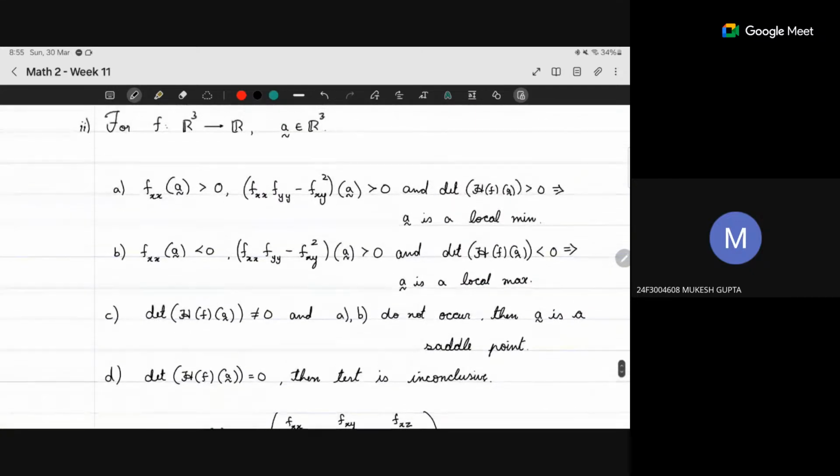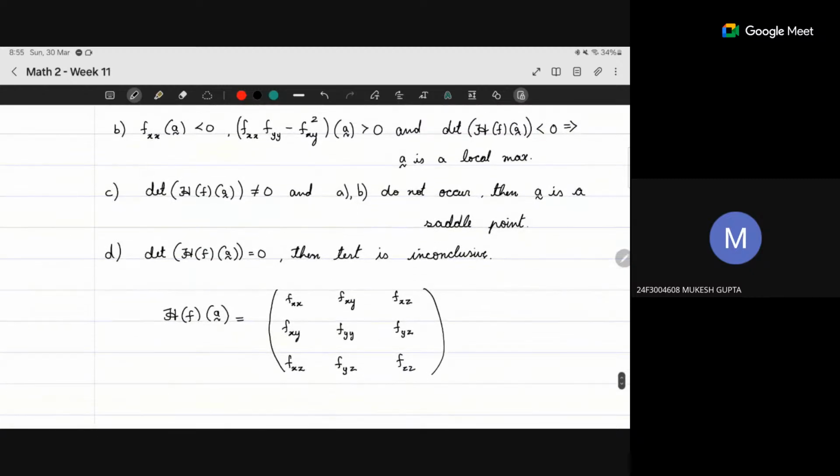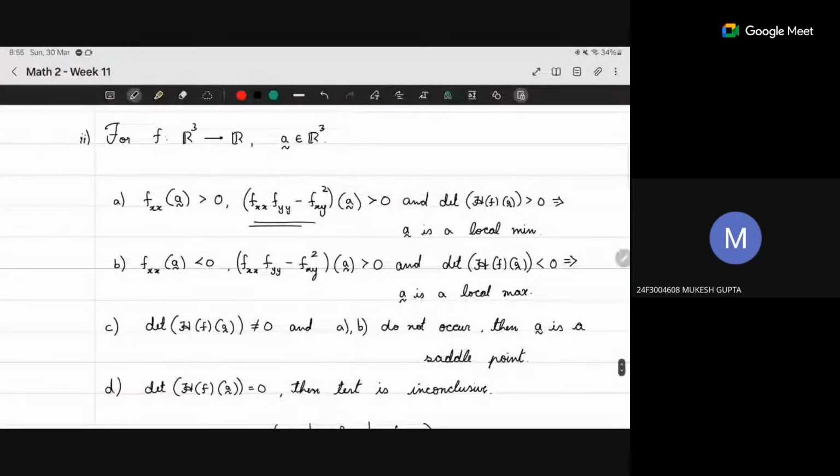What are the things that you have to compute? One is just fxx, the first entry. Then you have to look at the determinant of the first 2x2 submatrix. It is exactly fxx fyy minus fxy square, which is this quantity.